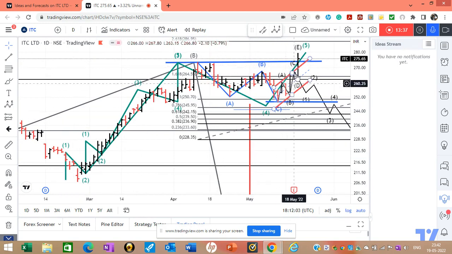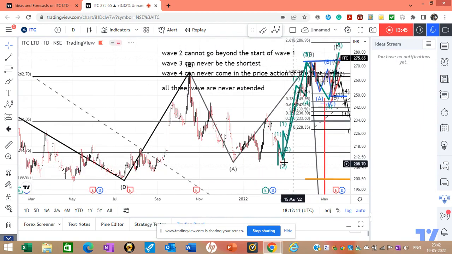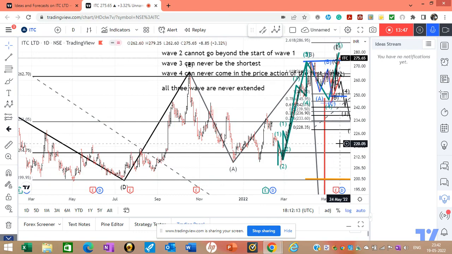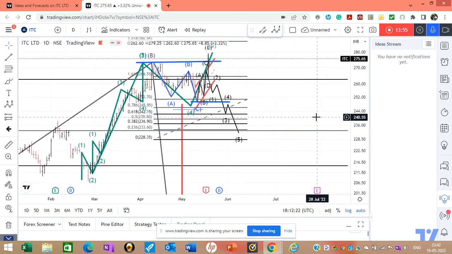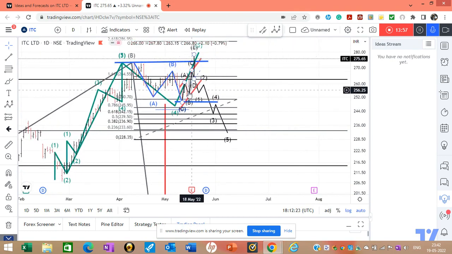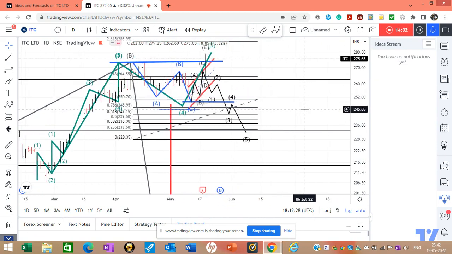Either this will be a running flat correction or an expanded flat correction. If it is a running flat correction, then at least 50% of this A, B, and C, the prices should come down to 234 something, 50% of this wave. But for now, I feel that this ending diagonal pattern will come into action. Let us see what happens tomorrow.